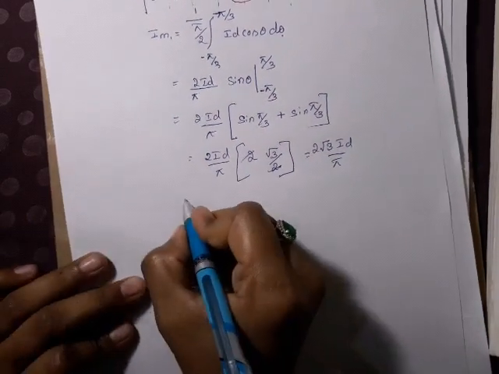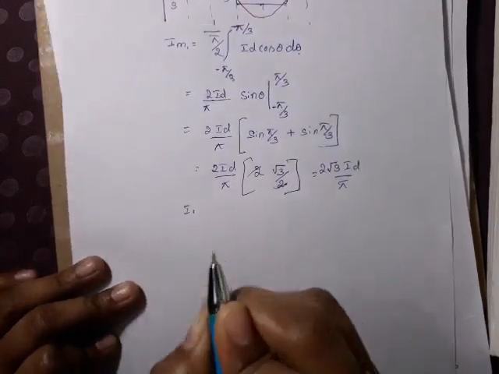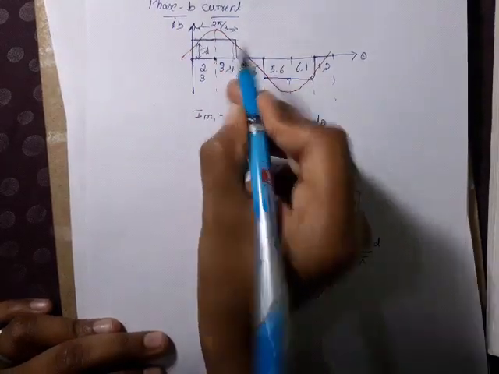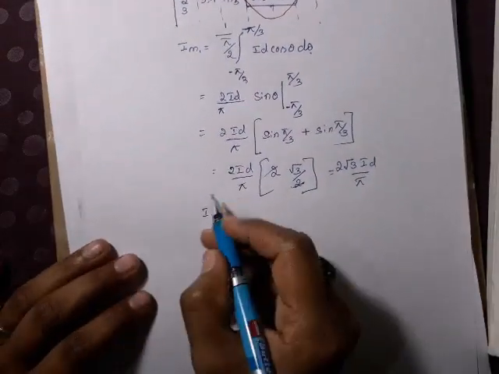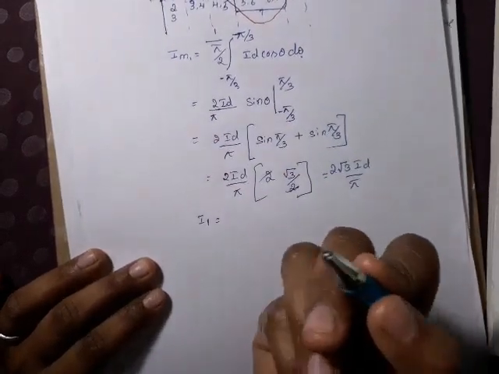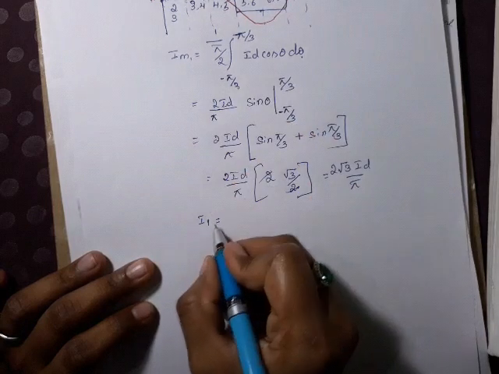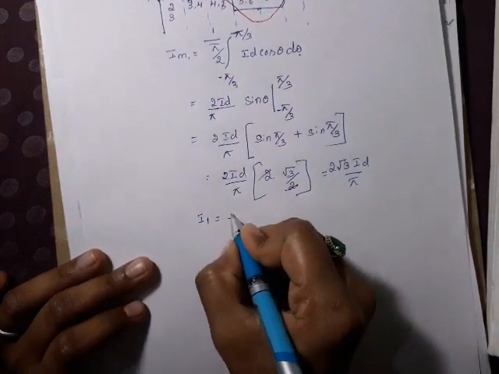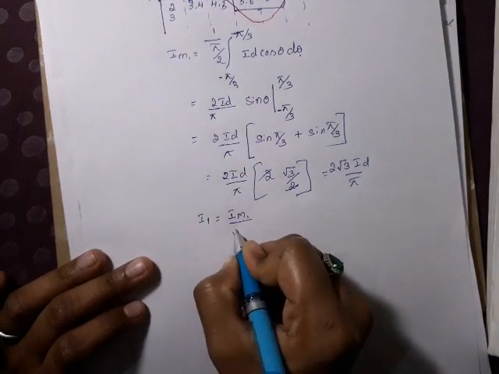Now find the RMS value. I'm doing this for the fundamental component, not for the whole non-sinusoidal wave. So I have the maximum value. How to get the RMS value from the maximum value? The relationship: RMS value is equal to maximum value divided by root 2.